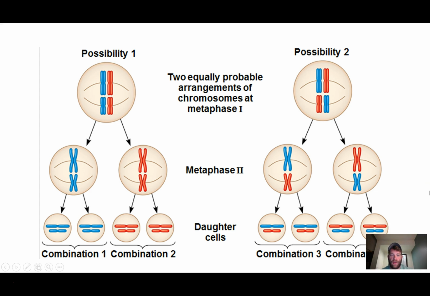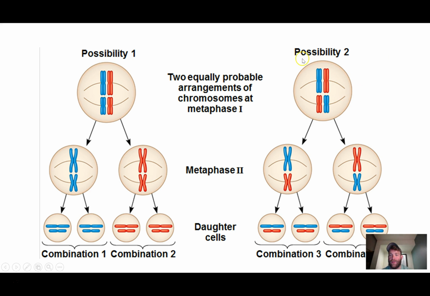So this right here is showing you that probability, right? So here we have our individuals where we've got our homologous pairs lined up on the midline. And here we just happen to produce offspring where the homologous pairs are made up majority of one parent versus the other, right? That you're getting allelic combinations that match a lot of one of the parent. Here you're seeing more of a mixture, right?